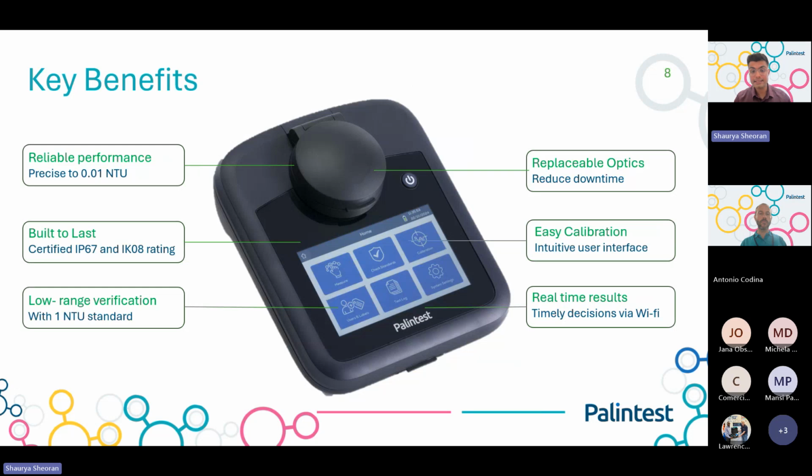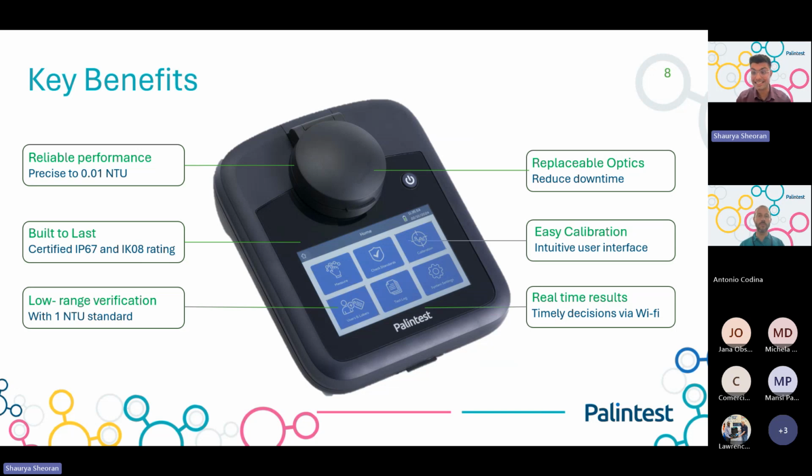Right. What you're seeing here is a summary of the various features and benefits that the Turbidity Expert brings. Key one being a modern, intuitive touchscreen interface, which means you are able to guide the user step by step on how to perform the test, but also the best practices.